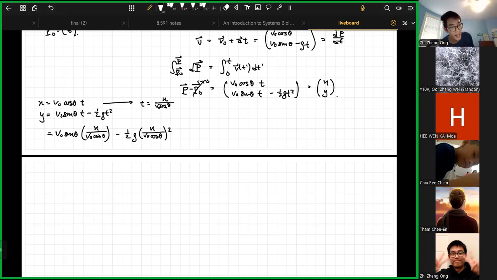Since I substituted time t with that thing, this equation is true for all times t, and it is the parabola, the trajectory.